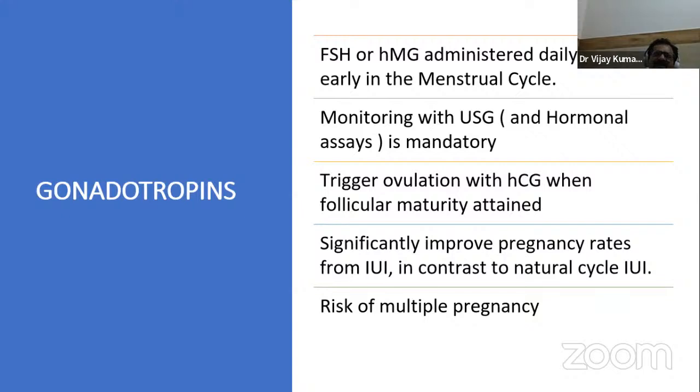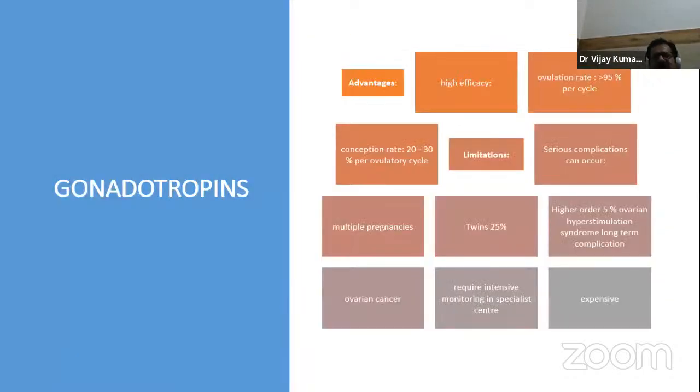Since there will be multiple follicular development, the risk of multiple pregnancies will be common with gonadotropins. As I said, the advantages are high efficacy, high success rate of ovulation induction, and the conception rate is about 20 to 30% per ovulatory cycle.